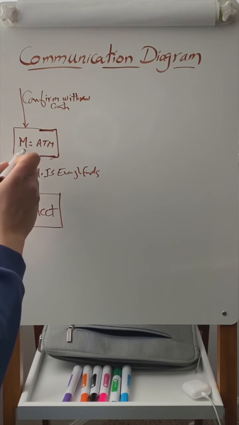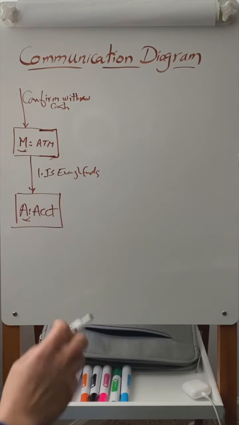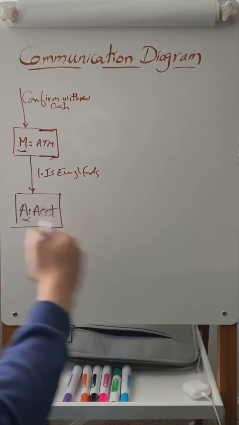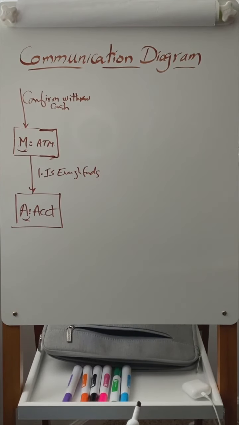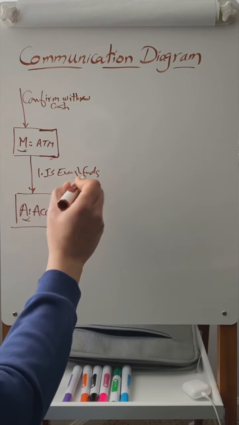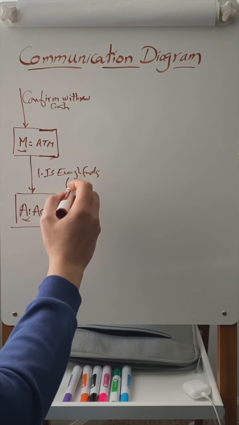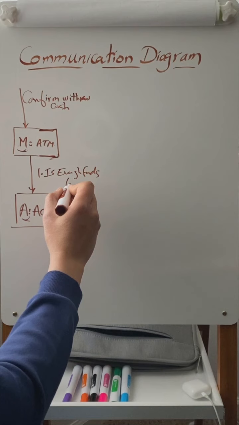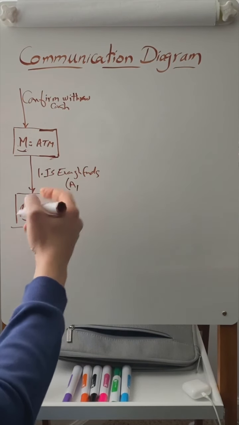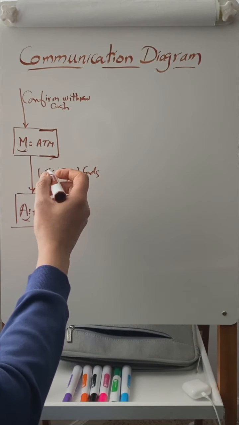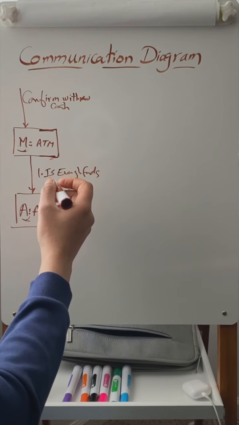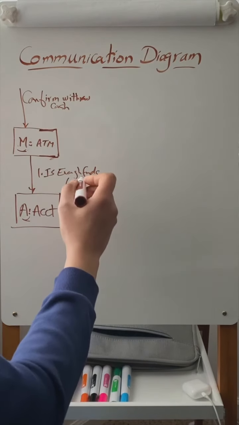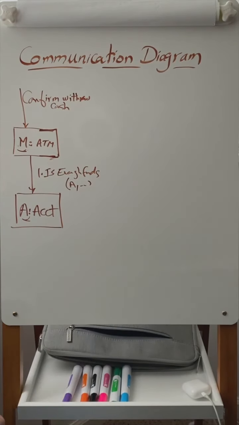The reason we do this variable is that later on you can refer to it. So is enough funds, and this would be A, the account, and maybe the user or something. So this is the reason we do the A's.